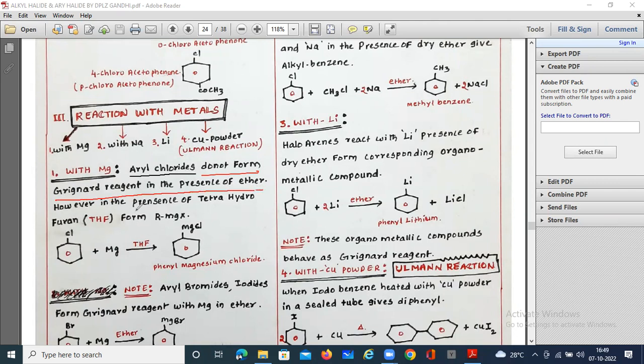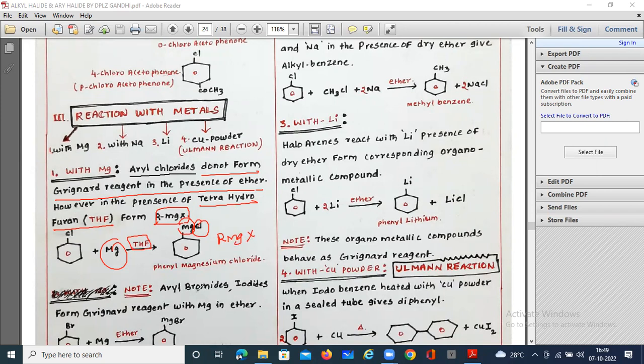So that's why in the presence of tetrahydrofuran, that is THF, they form RMgX, the Grignard reagent. Like chlorobenzene, when it reacts with magnesium metal in the presence of not ether but THF, tetrahydrofuran, then it gives phenyl magnesium chloride, which is nothing but what? RMgX, the Grignard reagent.